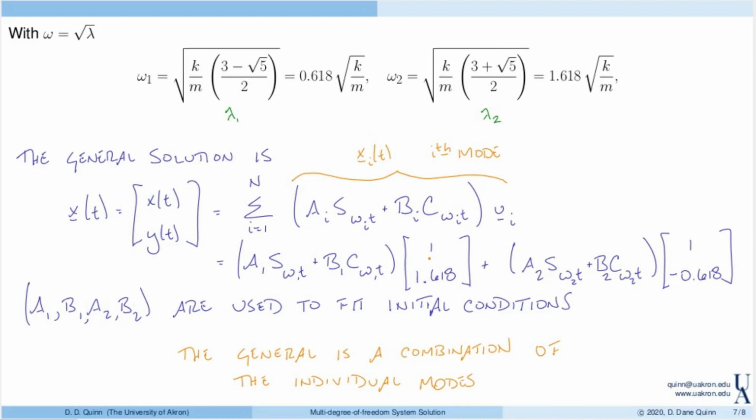So again, these eigenvectors really tell us about how the coordinates move relative to one another. For example, in the second one, the first element is 1 and the second element is minus 0.618.